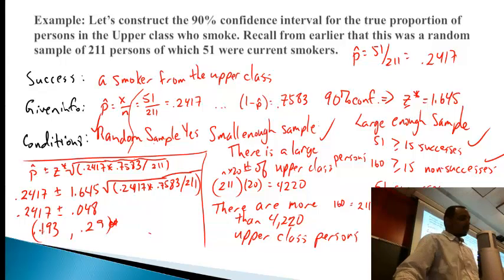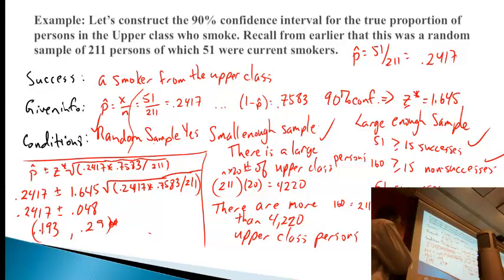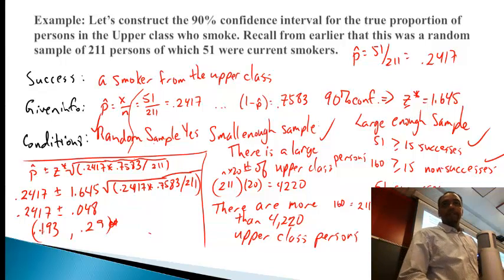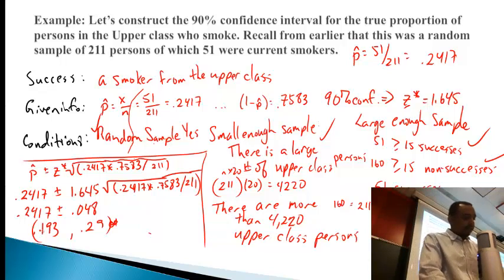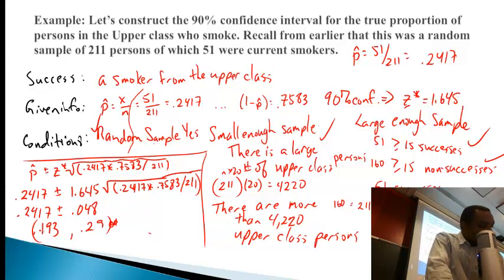Okay, so again, now let's think about that for a second. 24%, give or take 5%. Well, 24% plus 5% is 29. 24% minus 5% is 19. So we're basically saying, 90% confident.